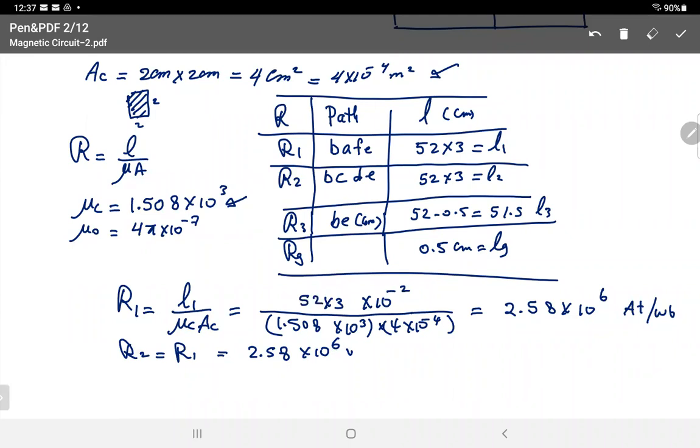And reluctance 2 is equal to reluctance 1, because they have the same dimension. So I just write the same answer here, ampere turn per Weber. All right. And R3 is different, it has a different length.